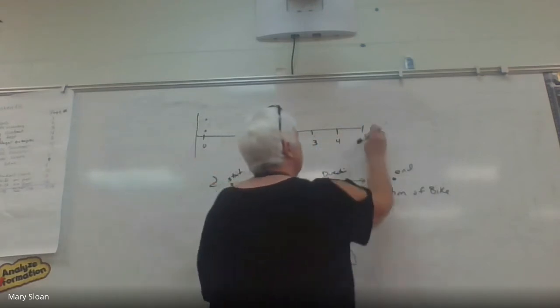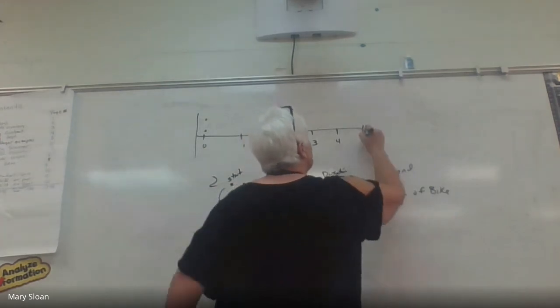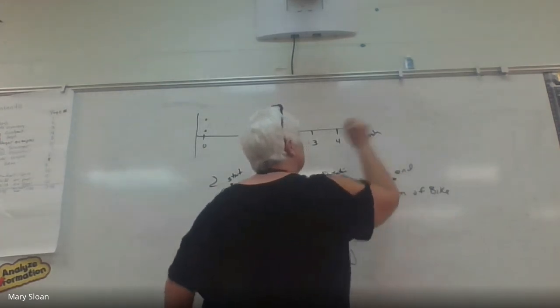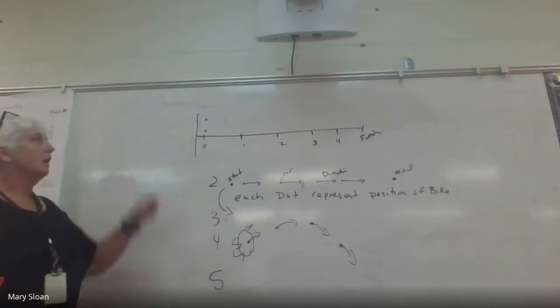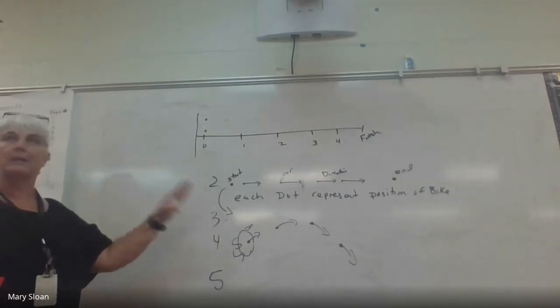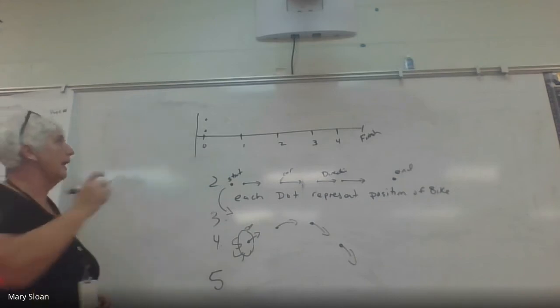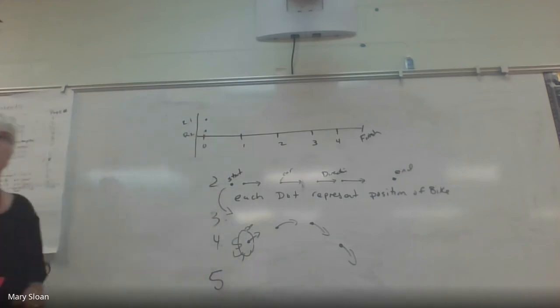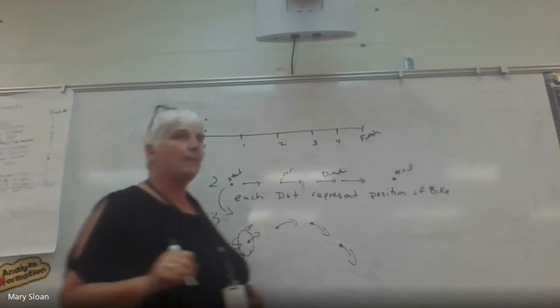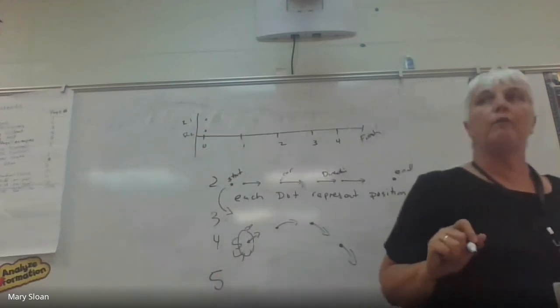I'm going to say 5 is the finish line. What I would like you to do is take a moment and diagram it the best way you can. You're going to have your runner 1, and runner 2 is going to be here. They both start at the same place. But what happens to both the runners? Who finishes first?